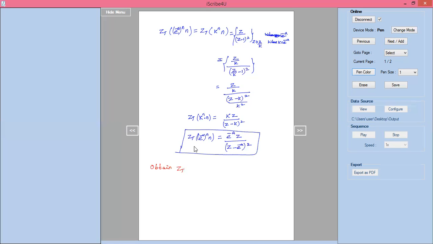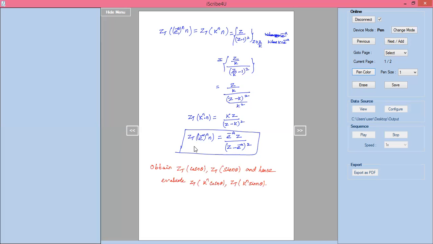Z transform of cos n theta, comma Z transform of sin n theta, and hence evaluate Z transform of k power n into cos n theta, comma Z transform of k power n into sin n theta.